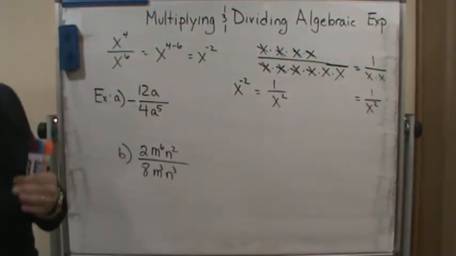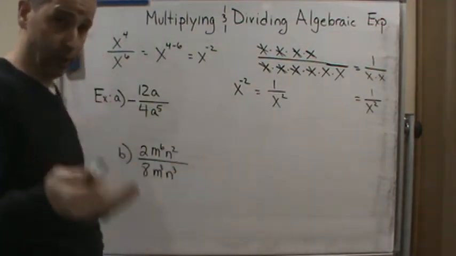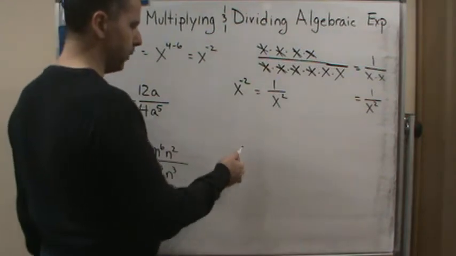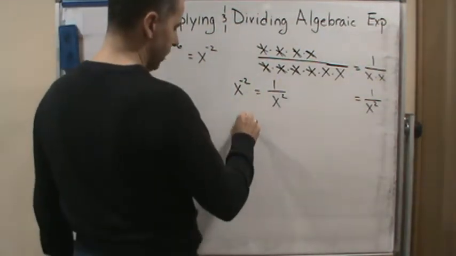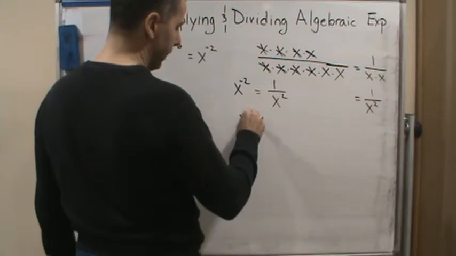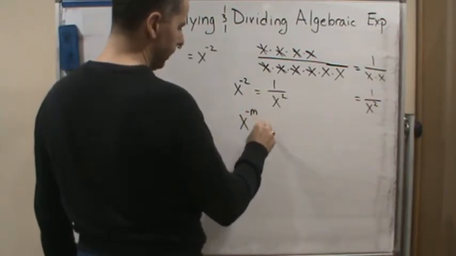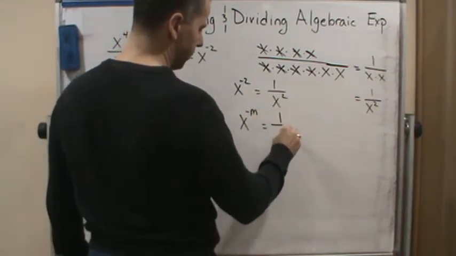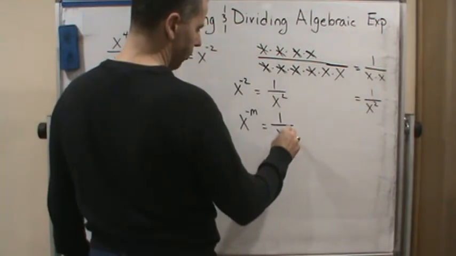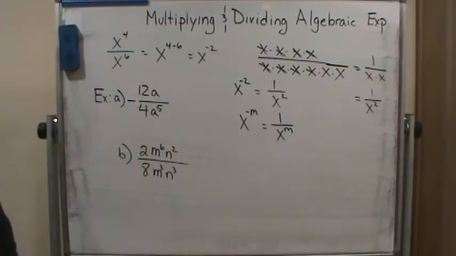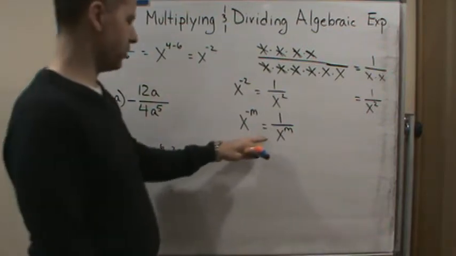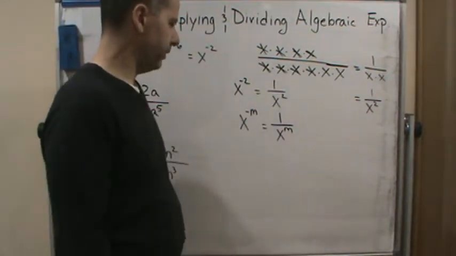And so rule number 3, another rule of exponents, is that when we're dealing with negative exponents, x to the negative m is equal to the reciprocal with the positive exponent. So this is the rule that we can use.